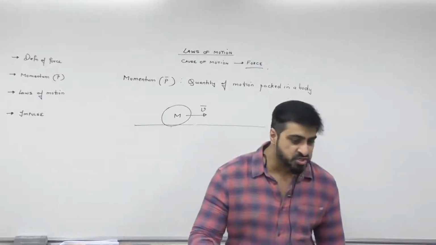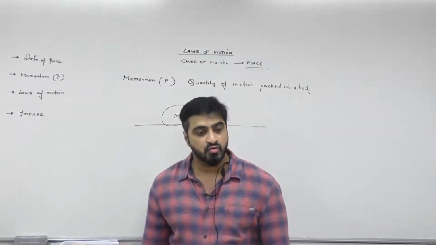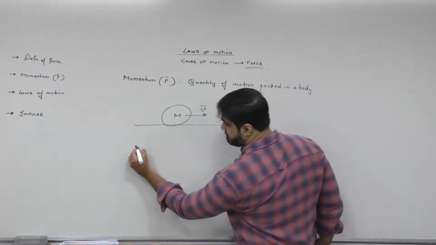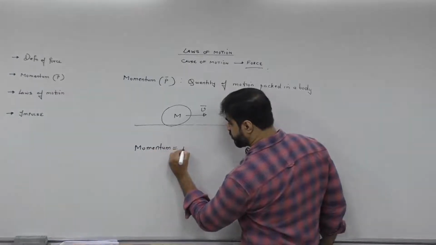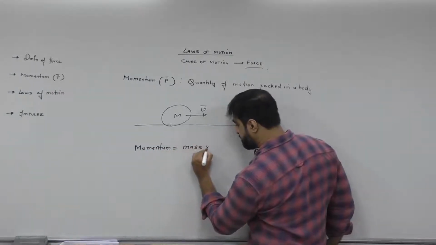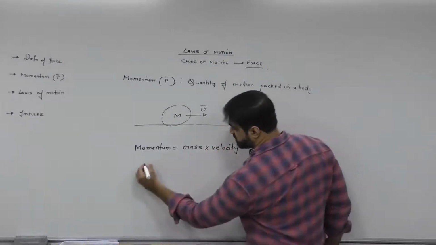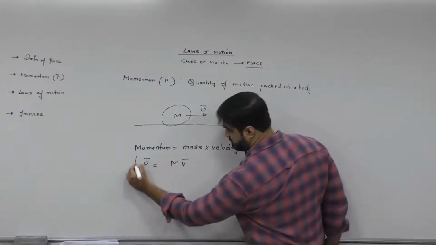Here the damage is not done because of low speed. So can I say the quantity of motion packed inside the body, which is momentum, is defined as the product of mass and its velocity. It is P bar. Mass is m, velocity is v bar.